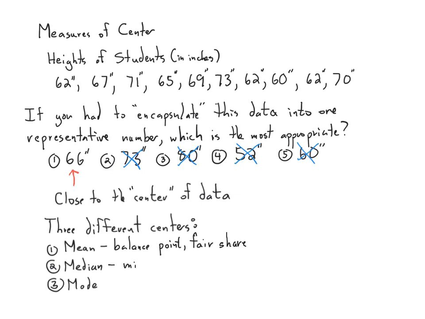It is the middle of the data. If you lined up your data in order, it's the middle of the ordered data. And mode is, of course, the most common data value. So let's explore these 3 different types of center.